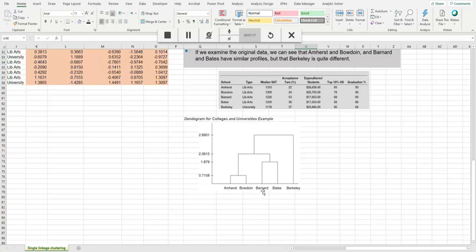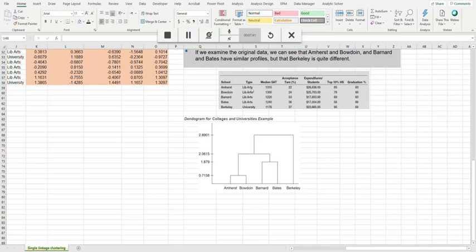And then we merged Bernard and Bates, and their distance was 1.8. The next step, we merged all these 4 together, and their distance was 2.06. If we move even further and put everything together with Berkeley, we will have this distance 2.8.